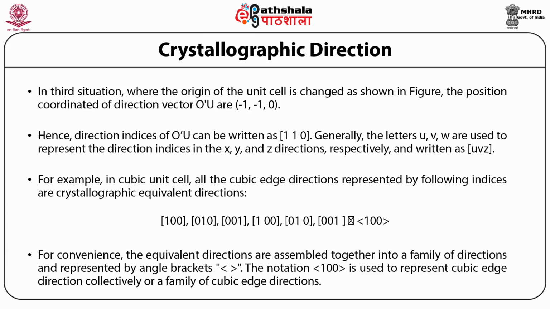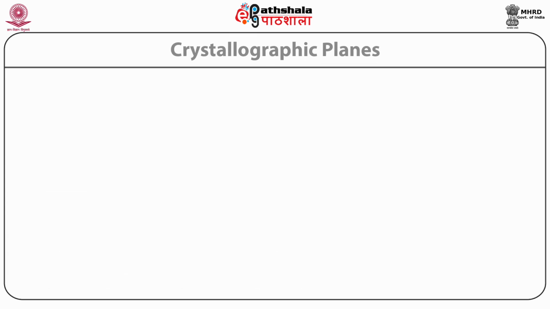The notation angle brackets 100 is used to represent cubic edge directions collectively, or a family of cubic edge directions. Similarly, angle brackets 110 and angle brackets 111 represent the families of directions along face diagonal and body diagonal of the unit cell. Crystallographic planes.